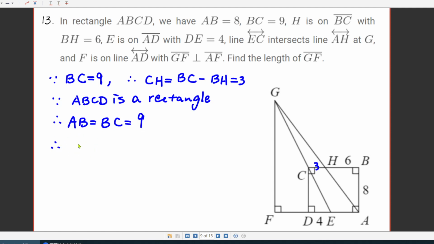And therefore we have AE equals AD subtracted by ED, which is 5. So AE here is 5.